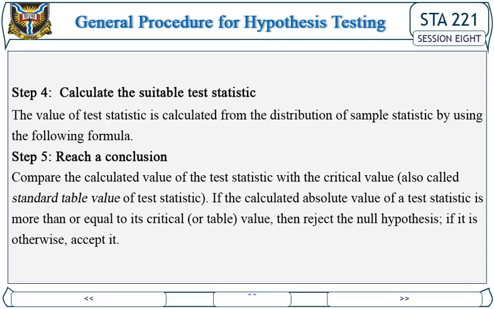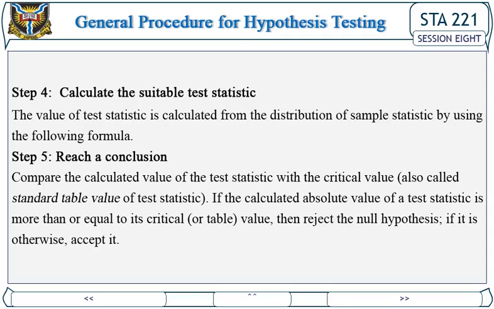Step 4. Calculate the suitable test statistic. The value of test statistic is calculated from the distribution of sample statistic by using the following formula. Test statistic is equal to value of sample statistic minus value of hypothesized population parameter over standard error of the sample statistic.